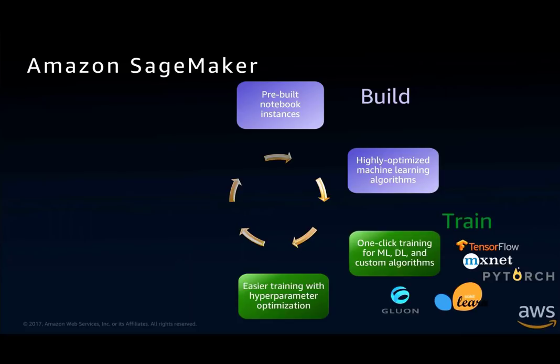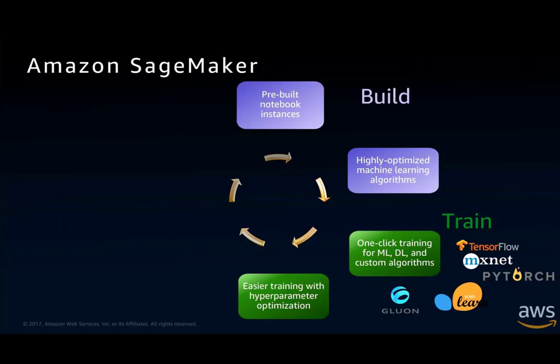And if the built-in algorithms are not appropriate for your use case, you can definitely bring in custom code, and you can use most of the popular deep learning frameworks to implement your training code. Once you implement the training code, it's super easy to make a training call and perform distributed training on Amazon SageMaker.